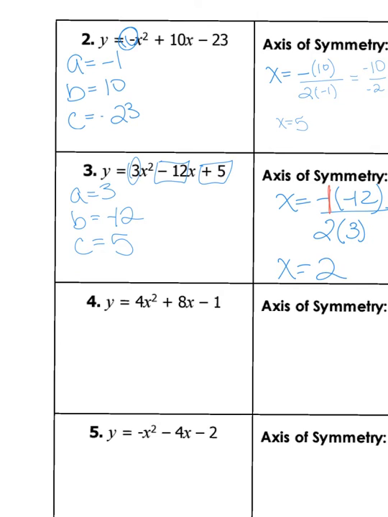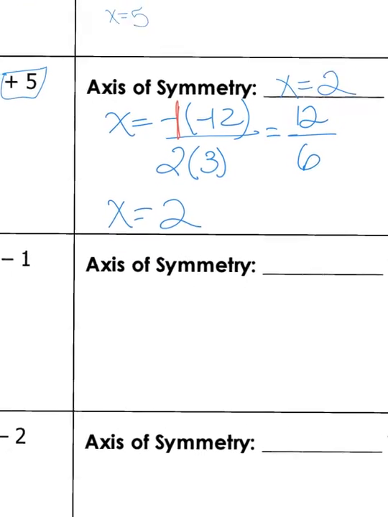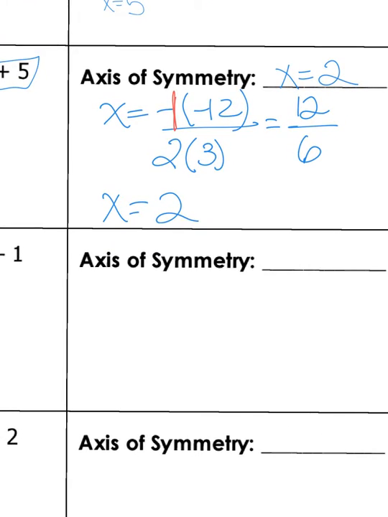All right, number 4, so let's look at this one. y equals 4x squared plus 8x minus 1. So a is 4, b equals 8, c equals negative 1. My axis of symmetry, again, is x equals negative b over 2a.